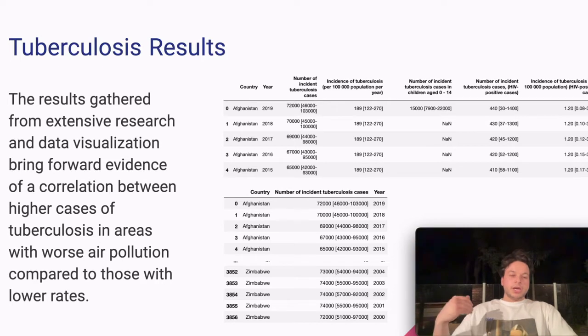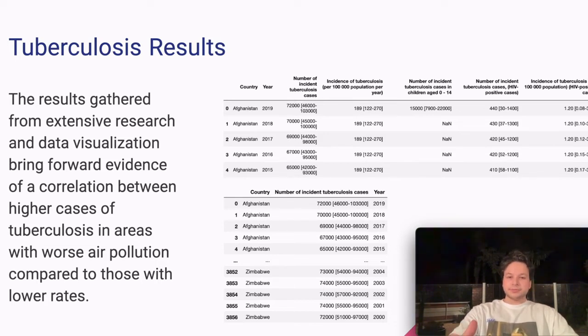Hi, so today I'll be talking about tuberculosis and its correlation with air pollution. So this first slide here shows all the results that I had gathered through my extensive research of the data gathered from the WHO website. The results gathered from the extensive research and data visualization bring forward evidence of a correlation between higher cases of tuberculosis in areas with worse air pollution compared to those with lower rates of air pollution.